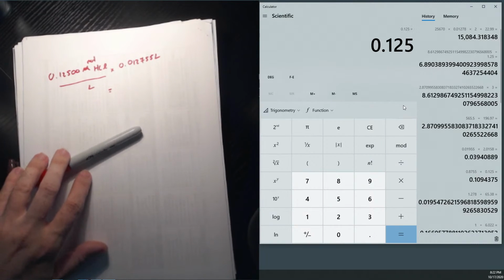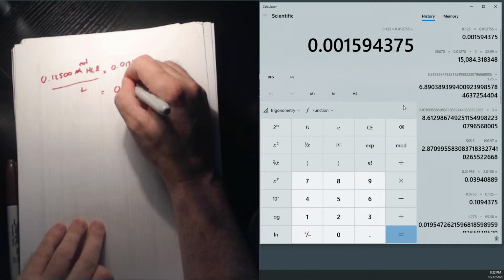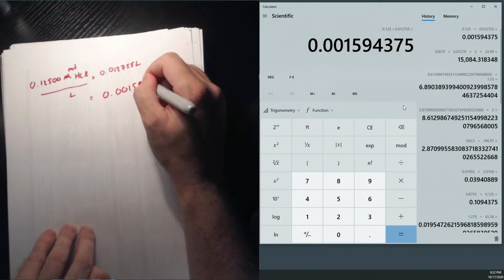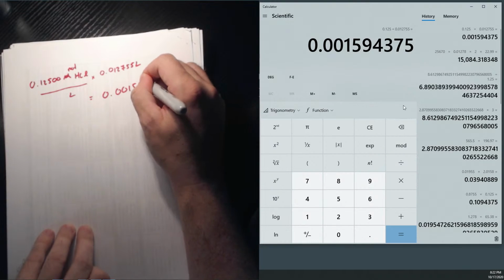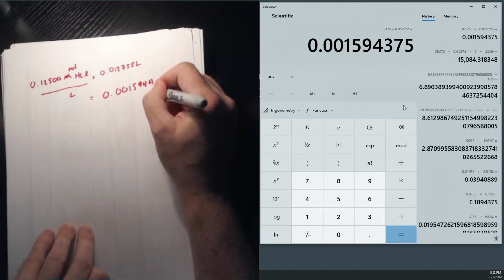0.125 times 0.012755 means that we added 0.0015944 moles of HCl.